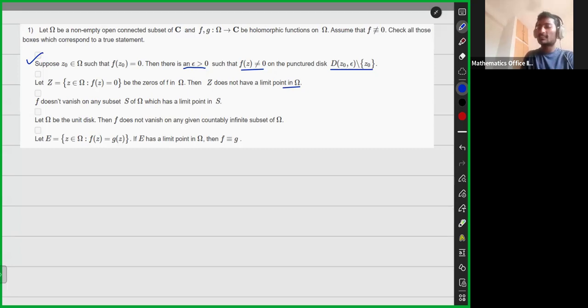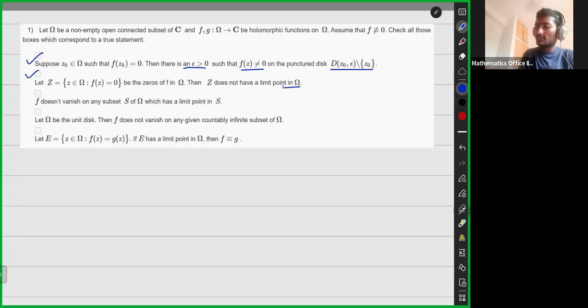Okay, so this is the principle of the identity theorem. If two functions agree on a set where the set has a limit point inside omega, then they are the same everywhere. So this is the correct option.